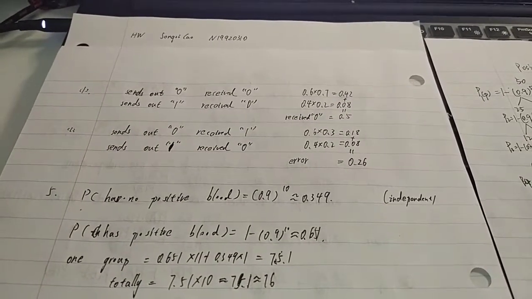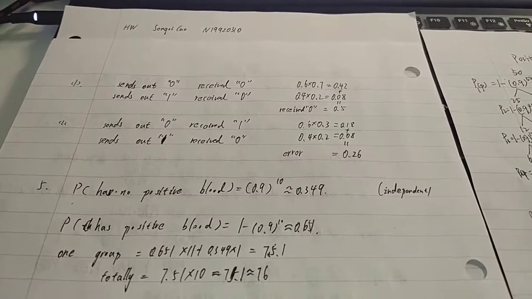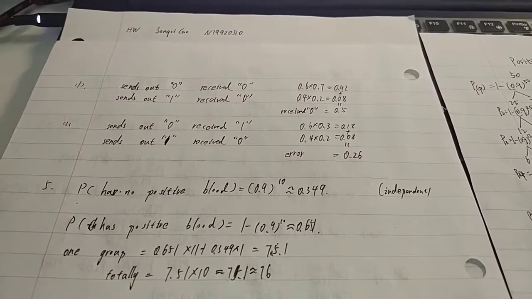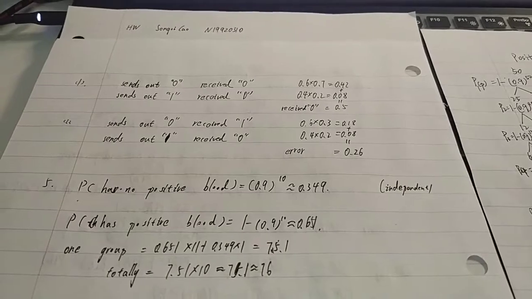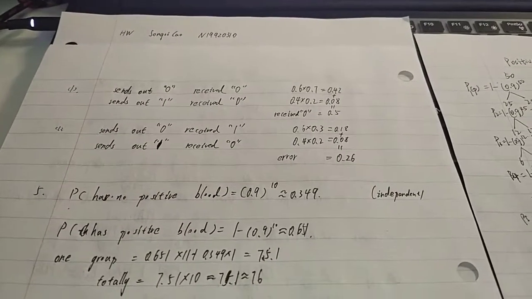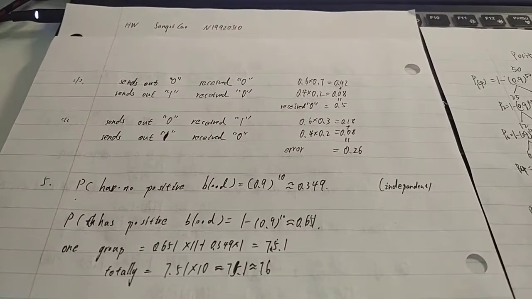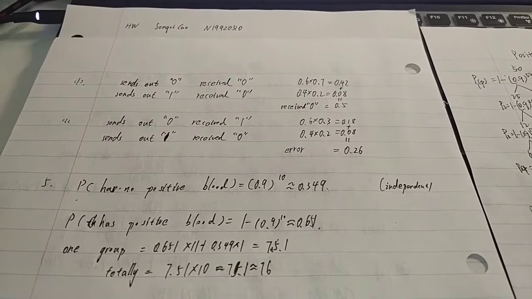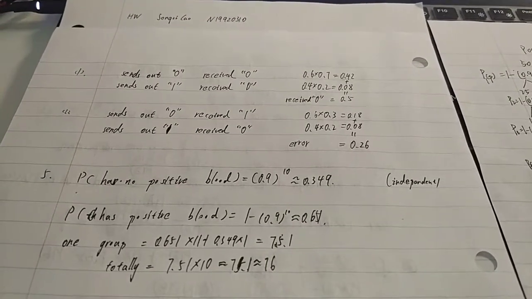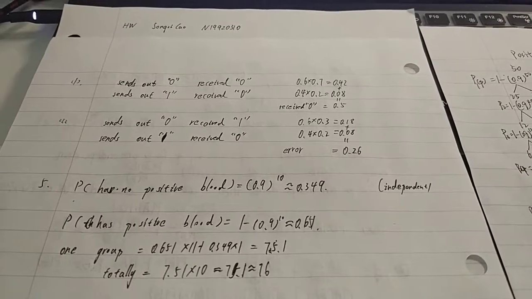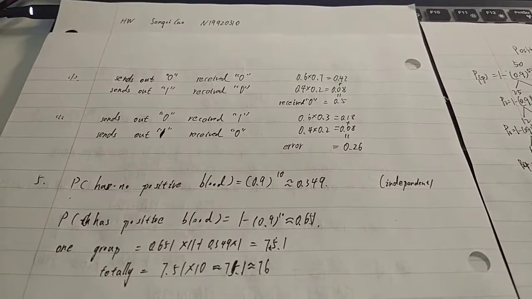So we can easily get the probability that the group has positive blood, equal to 1 minus the probability of the group having no positive blood, equal to 0.651.